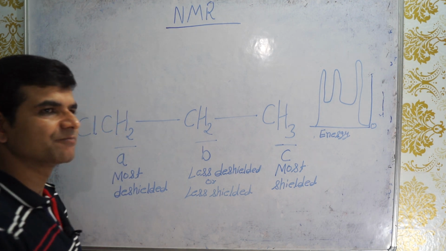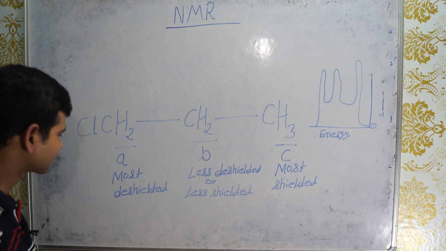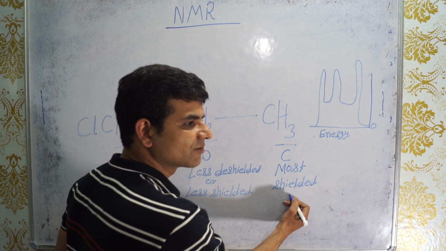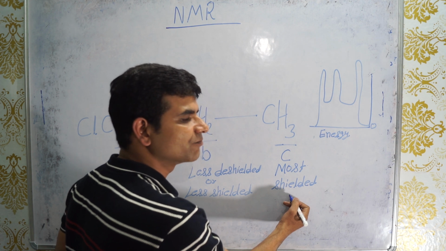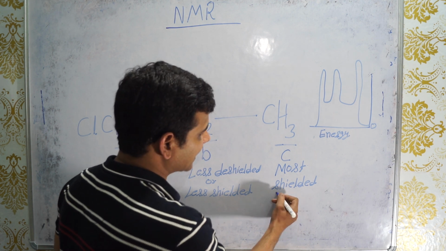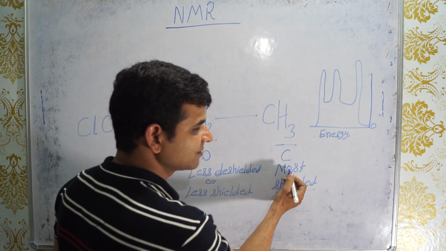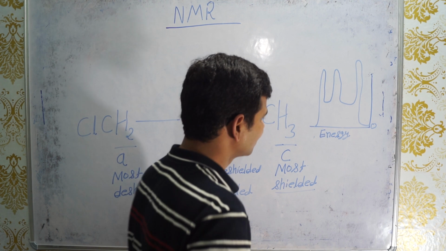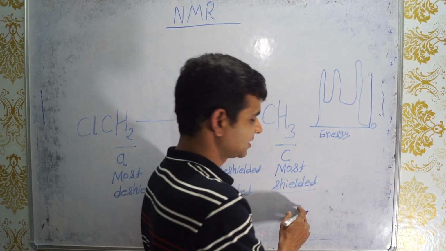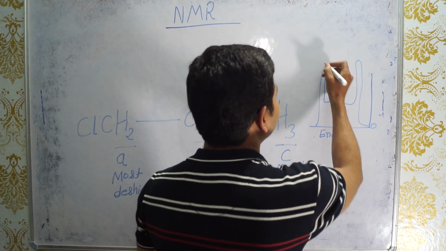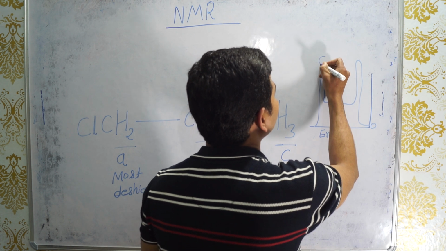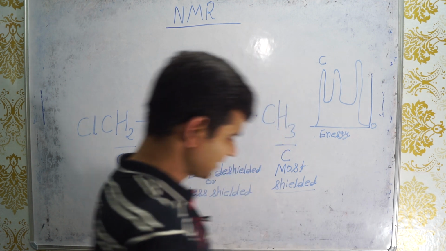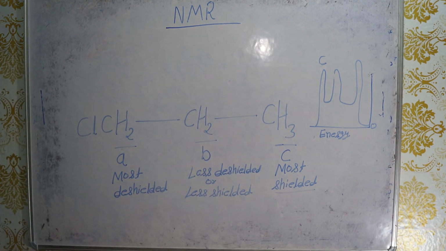We also discussed that the most shielded hydrogen atoms take more energy to go into beta spin, and here type C hydrogen atoms are in the most shielded form. Therefore, this peak will represent type C hydrogen atoms. Clear?